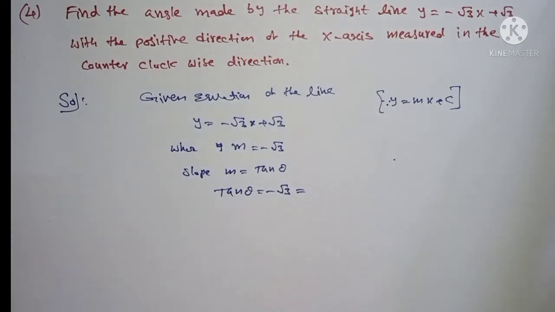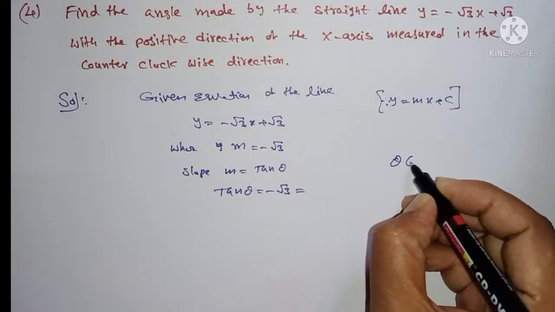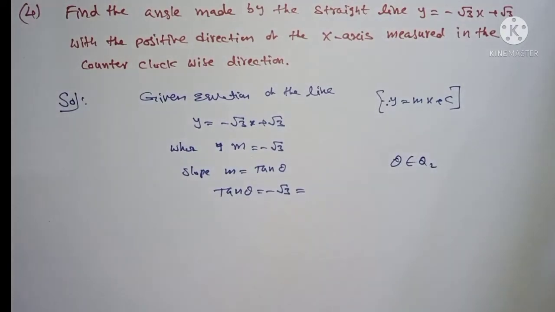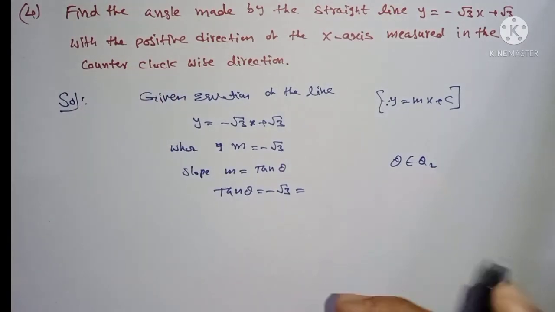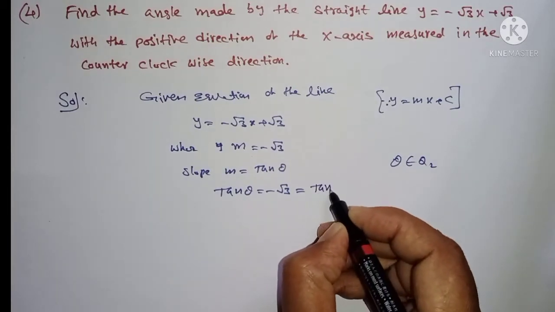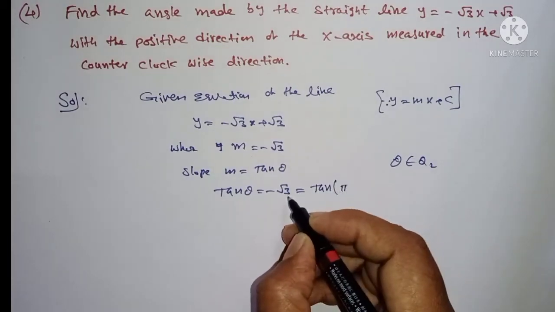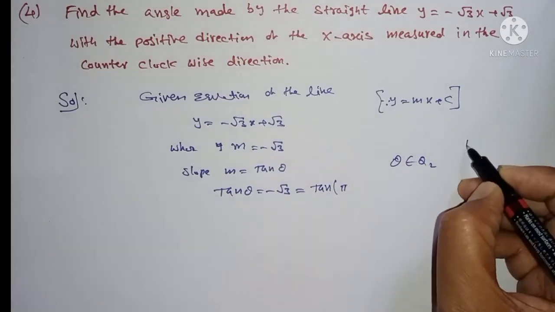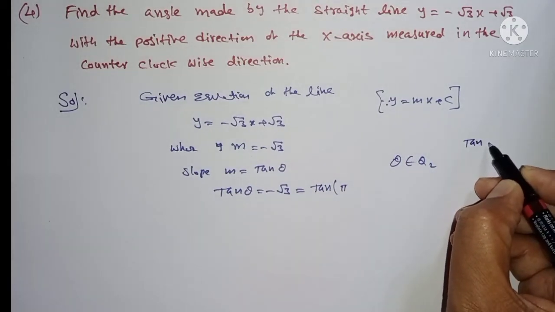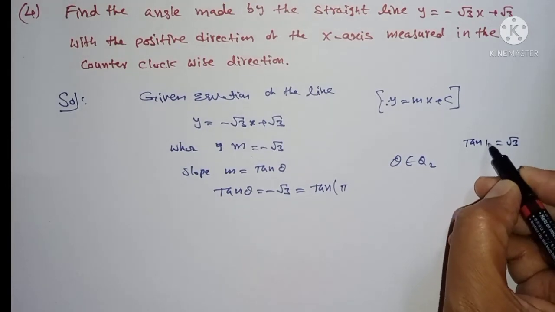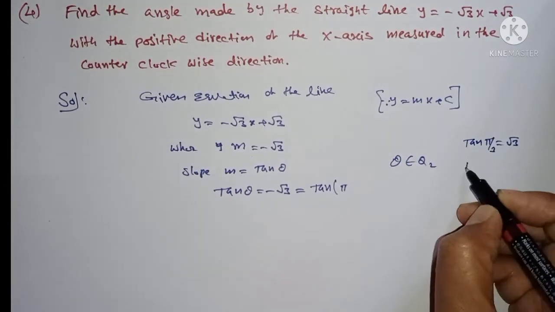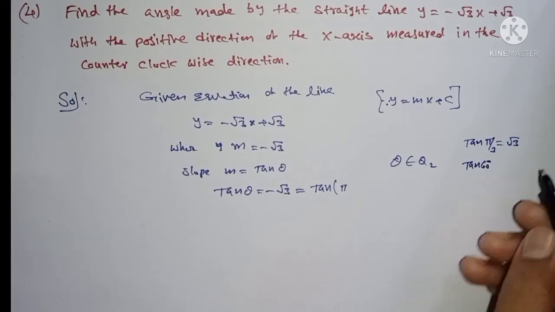Minus root 3, I can write here theta belongs to the second quadrant, because minus is there. Counterclockwise means theta is in the second quadrant only. Root 3 when occurring in tan is tan pi by 3, that is tan 60, which is equal to root 3.